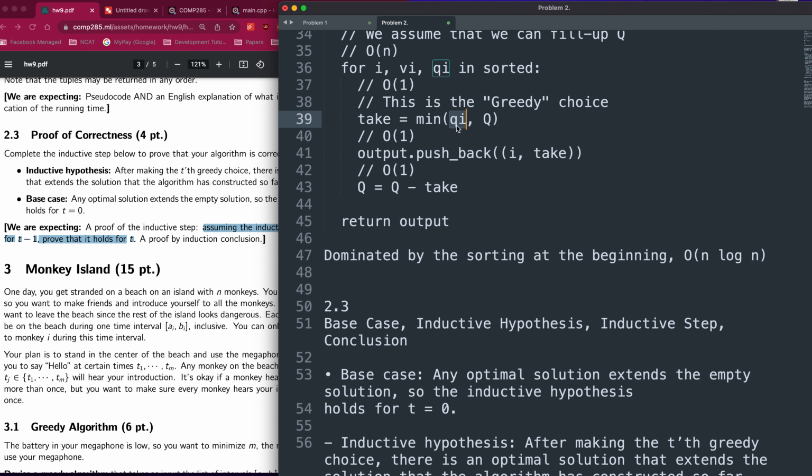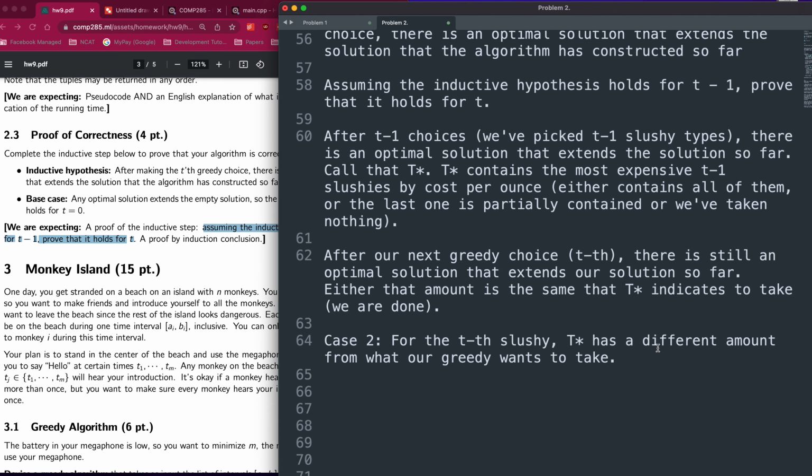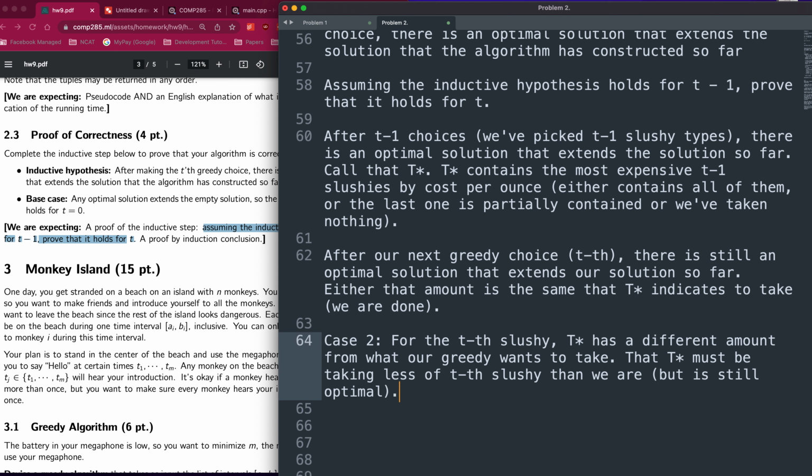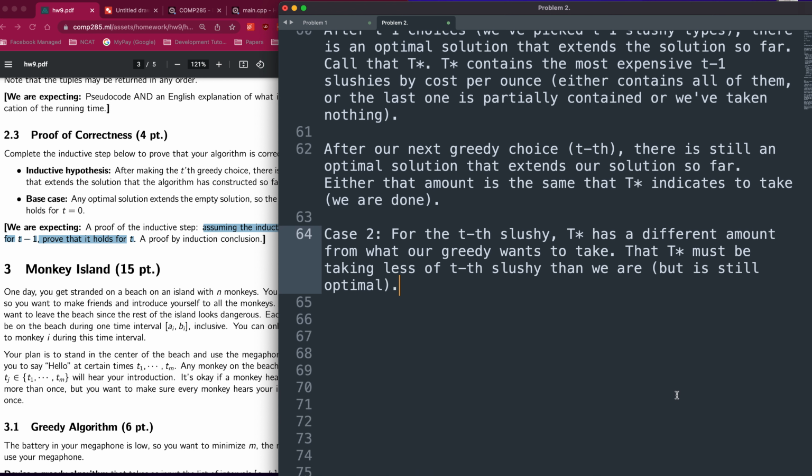So we're always taking the maximum possible. So that means that T star must be taking less of the t-th slushy than we are, but is still optimal, okay? So it can take at most as much of the t-th slushy as we are, okay?